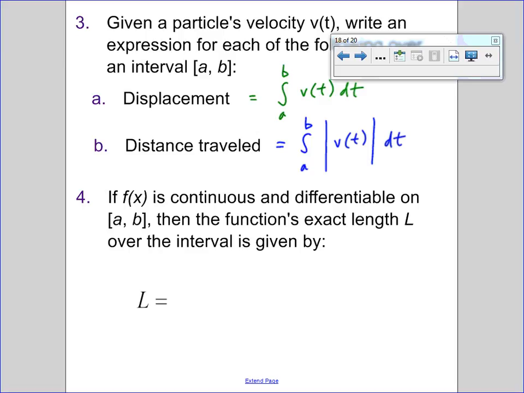Riley. Is it the integral from A to B of, is it absolute value? No, square root. Okay, something squared. The whole thing's squared, I think. There you go.